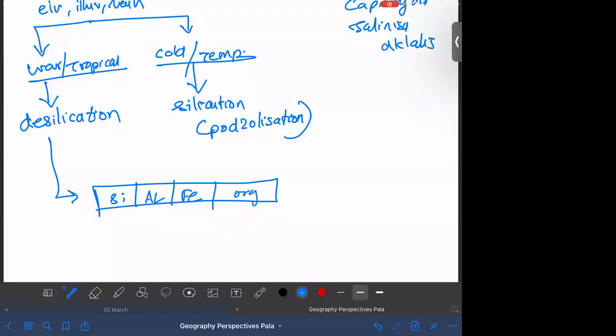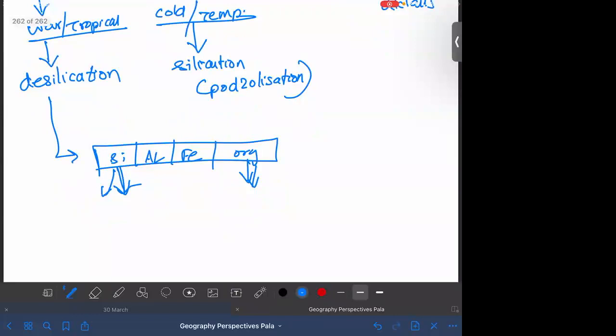Of these, the silicon minerals are leached out, and what is left behind is aluminium and Fe. So that is the process of desilication. Silica is removed from the soil. When silica is extremely removed and aluminium gets concentrated, you have the laterite soil.